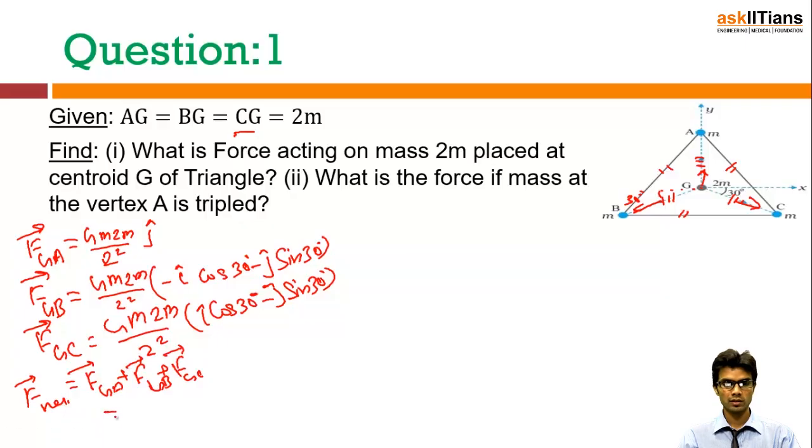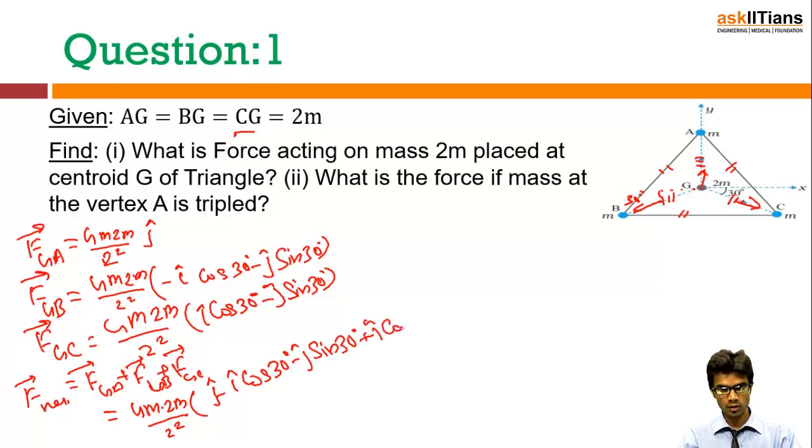Now just solve it. What will be the value? Gm into 2m by 2a square, this part will be common, and here j cap minus i cap cos 30 minus j cap sin 30 plus i cap cos 30 minus j cap sin 30.